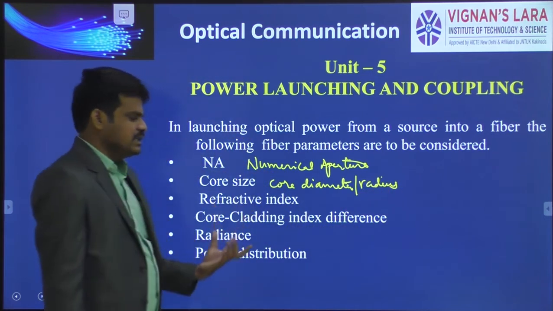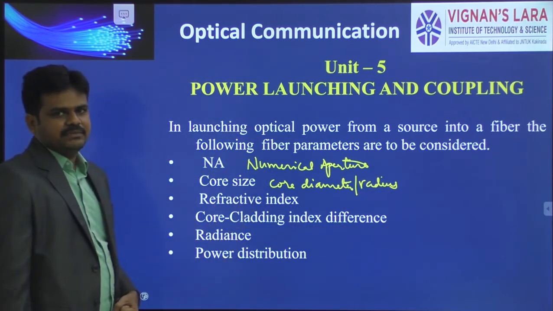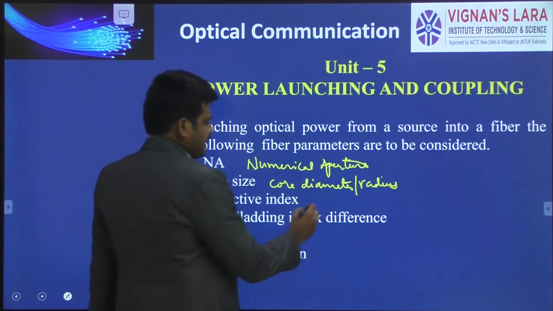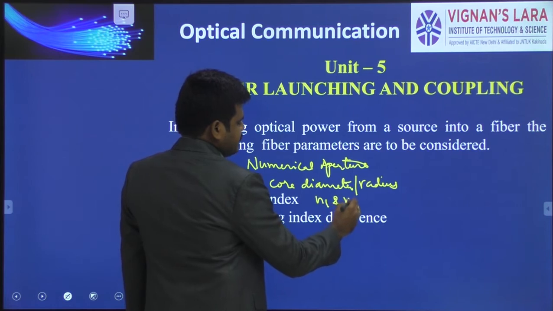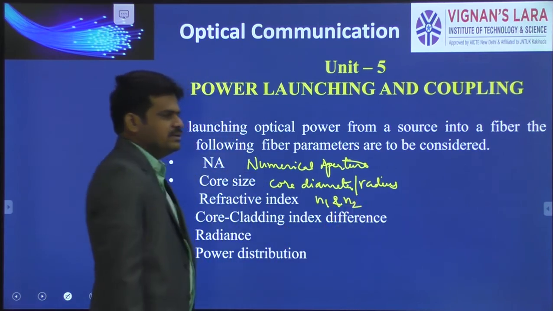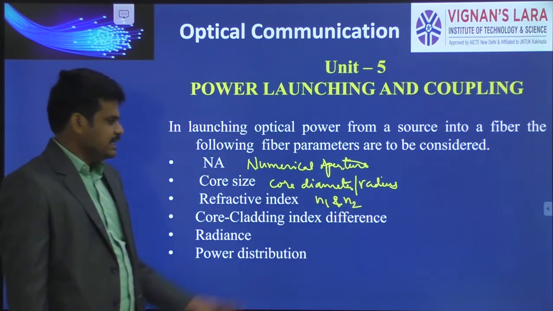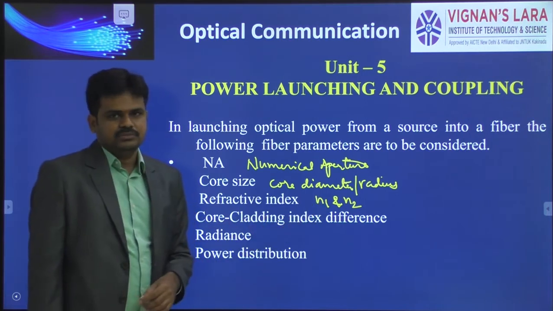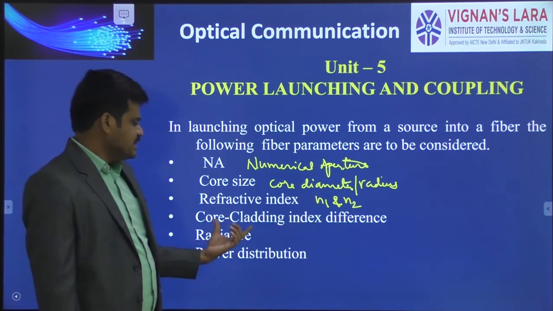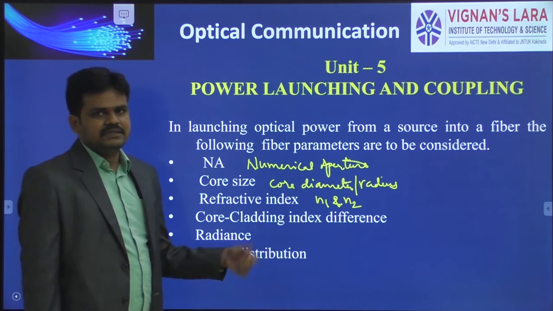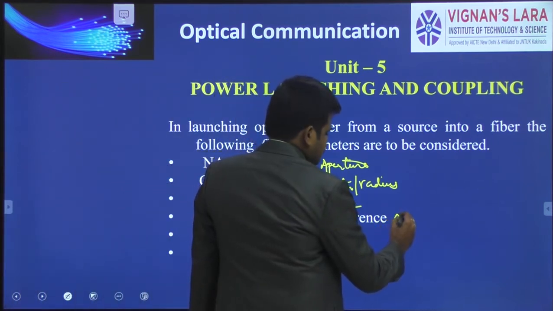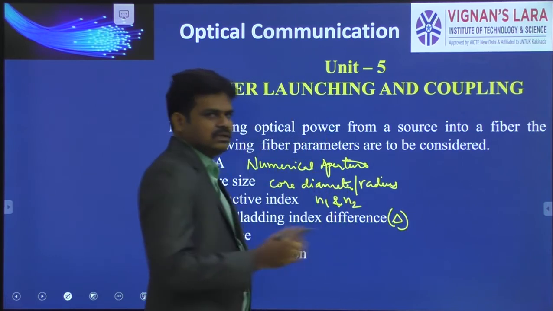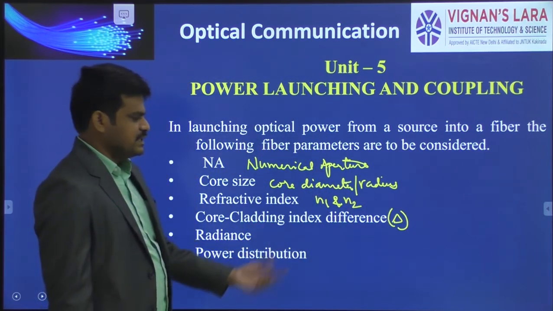The third one is refractive index. Generally the refractive index of the core as well as the refractive index of the clad we have to consider, say N1 and N2. The next one is core cladding index difference. We represent that core cladding index difference as delta.